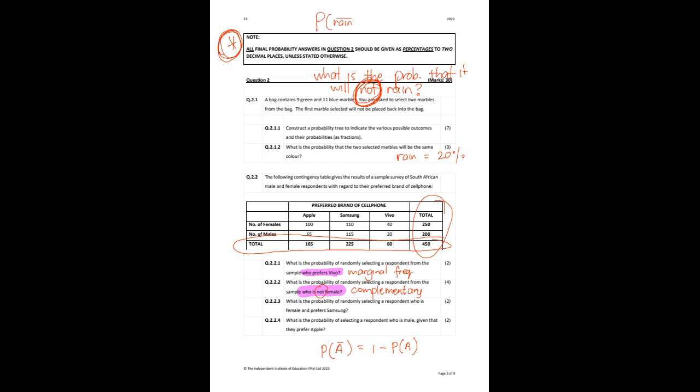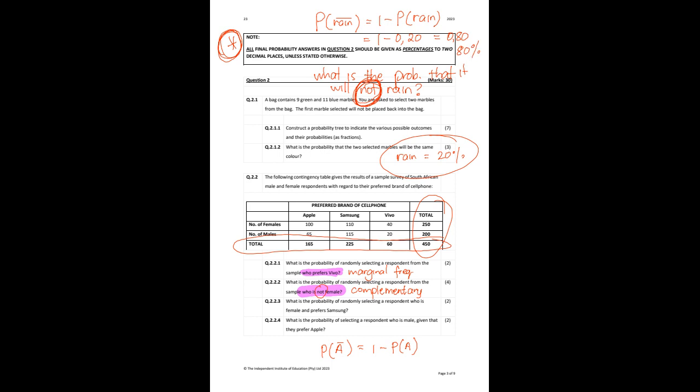And we know that the probability that it will rain is 20%, so it'll be 1 minus 0.2, and that would give you 0.8, which as a percentage is 80%.